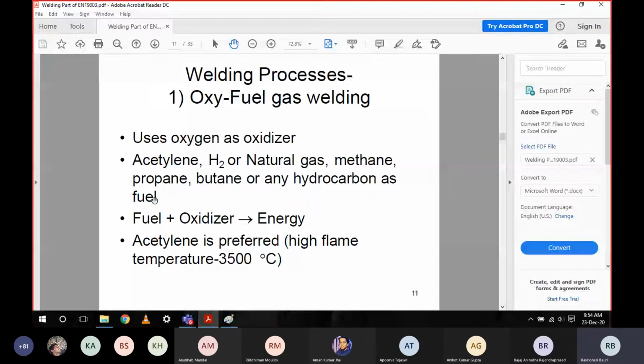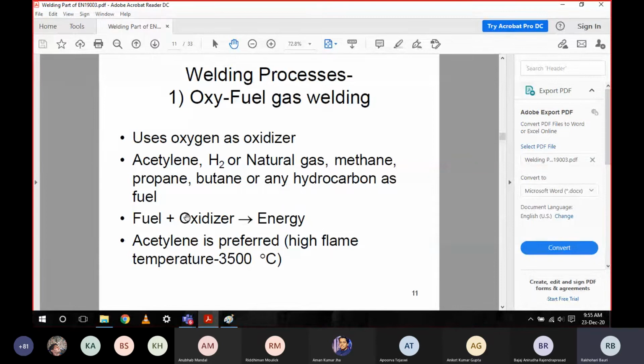You burn the chemical in presence of an oxidizer, say oxygen, to get the heat. Here the chemical is acetylene, but you can also use hydrogen, natural gas, methane, propane, butane, and other hydrocarbons.